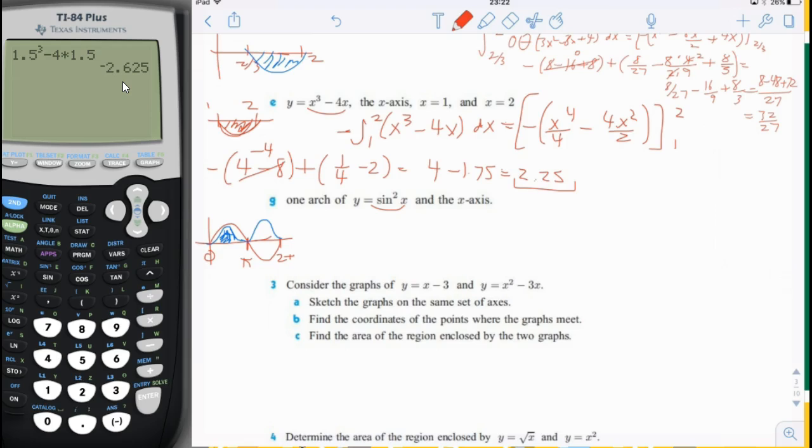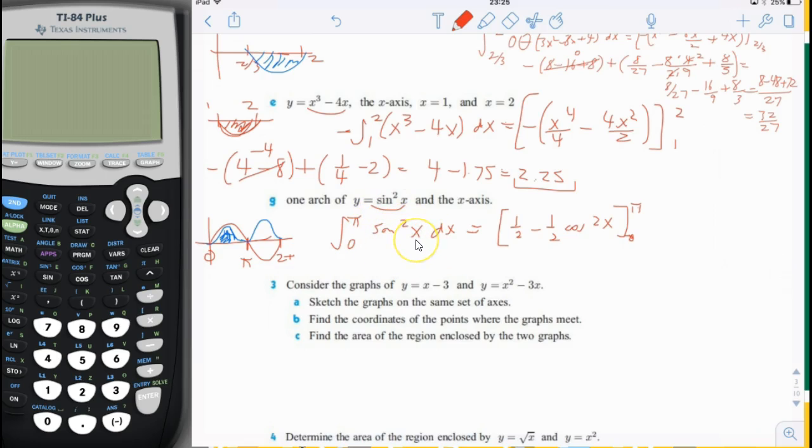So we're going to have the integral from 0 to pi of sine squared x dx. Remember that we cannot take the integral of sine squared directly.